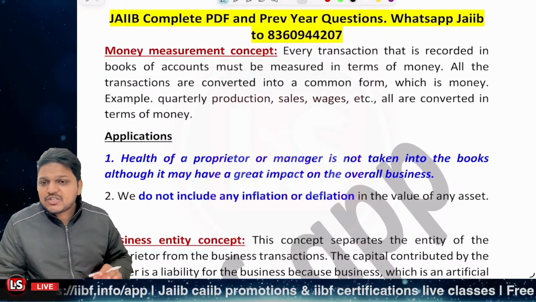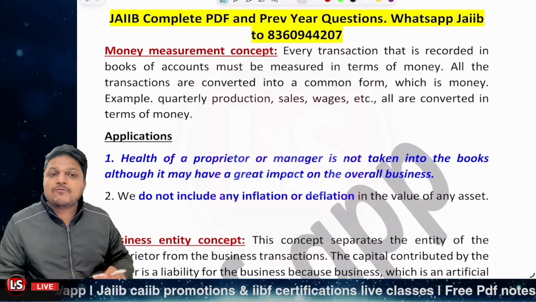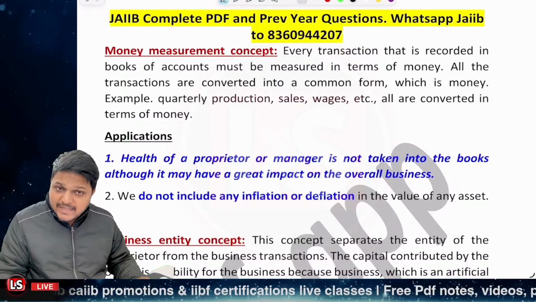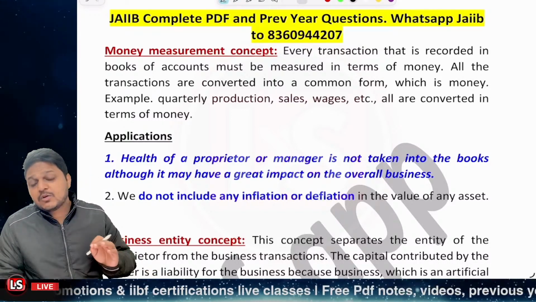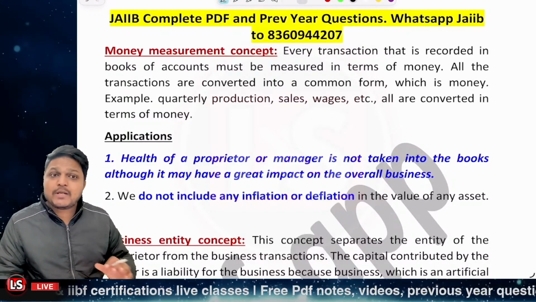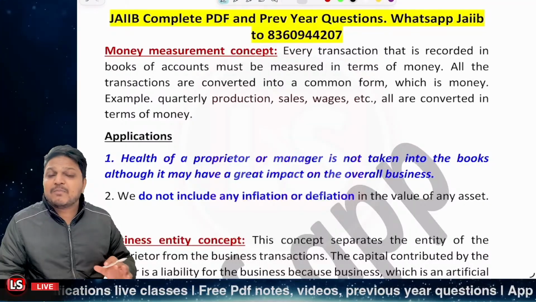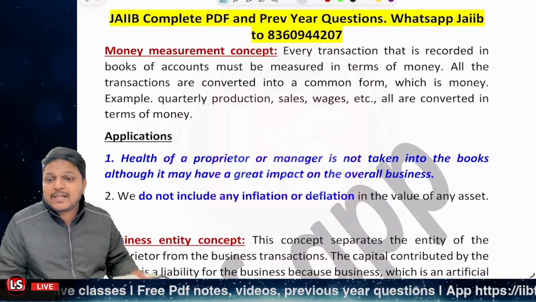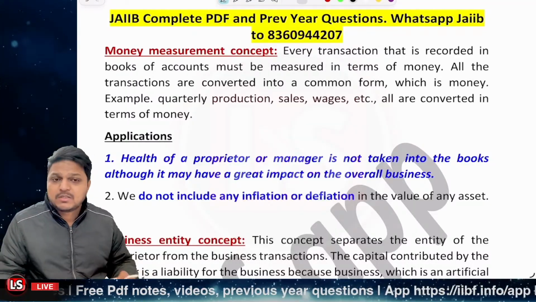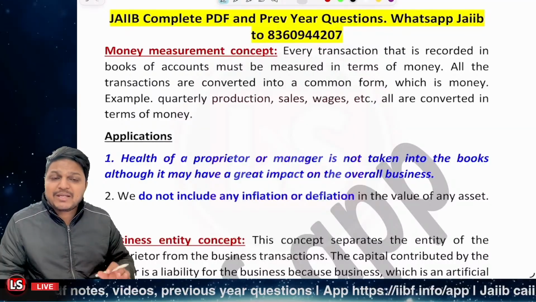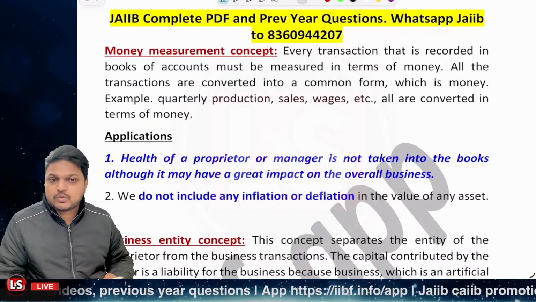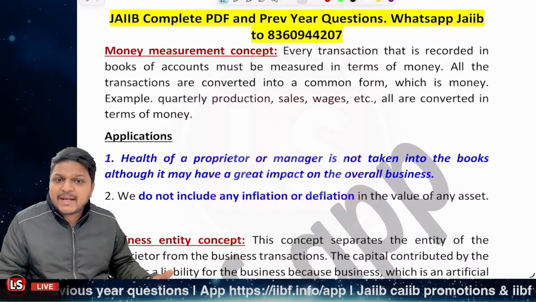All transactions are converted into the common form of money. So even if goodwill is very important, you cannot measure it in money. Even if the health of the proprietor is very important, you cannot measure it in terms of money. So it should not be recorded, right?